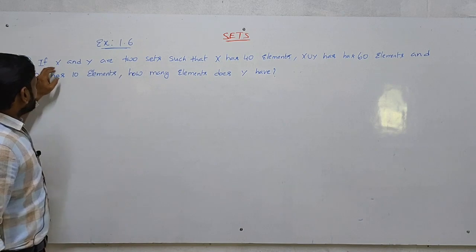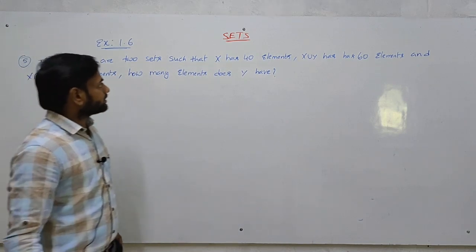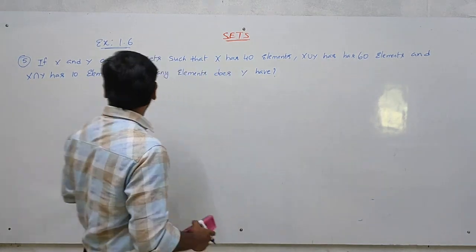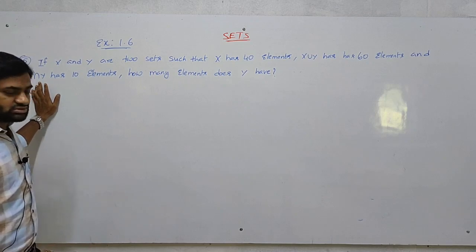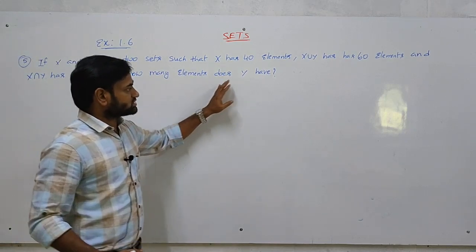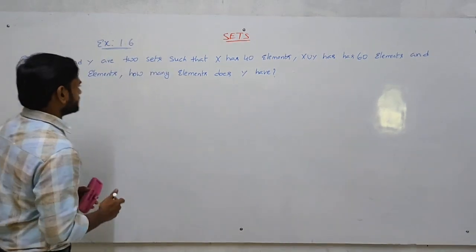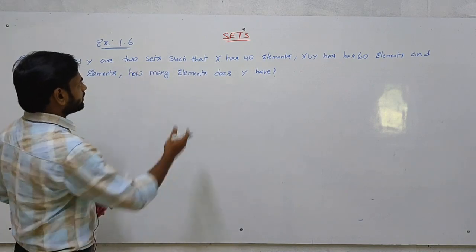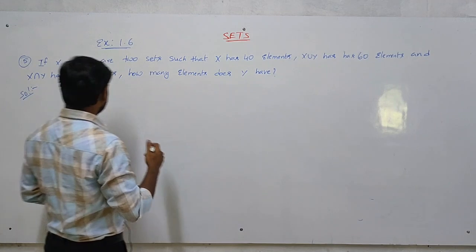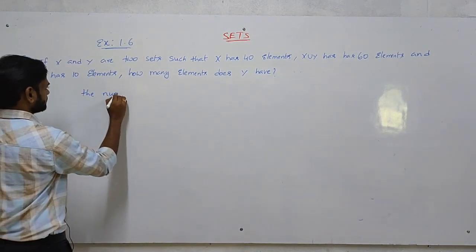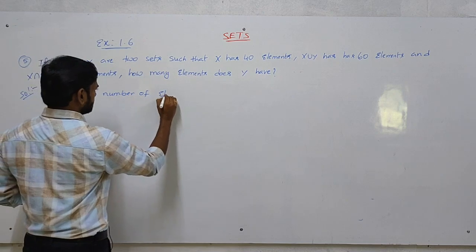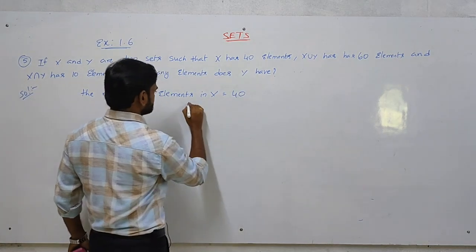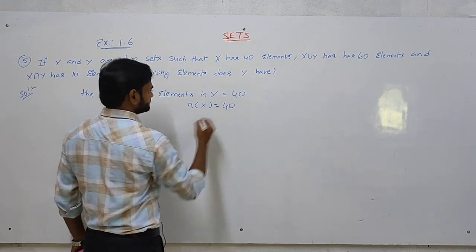See here. If X and Y are two sets such that X has 40 elements, X union Y has 60 elements, and X intersection Y has 10 elements, how many elements does Y have? So here, what is given? The number of elements in X is equal to 40, that is n of X is equal to 40.